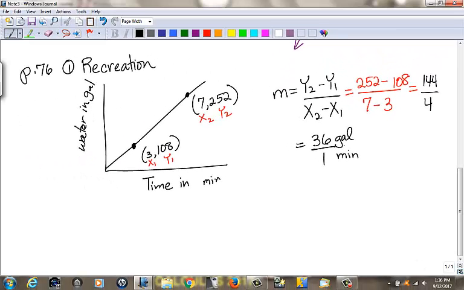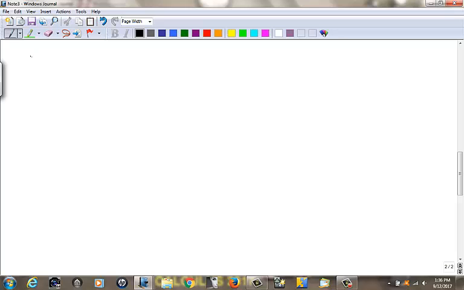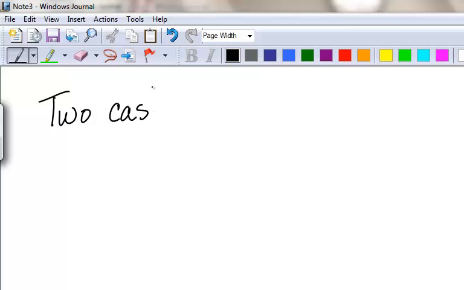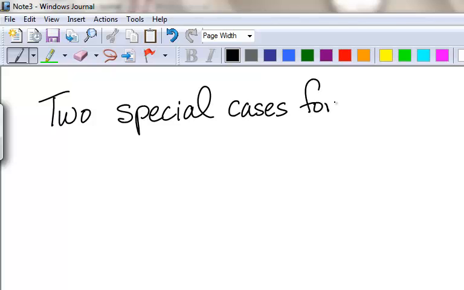Okay, there's a couple special cases. Okay, and these you've had before. Two special cases for slope.